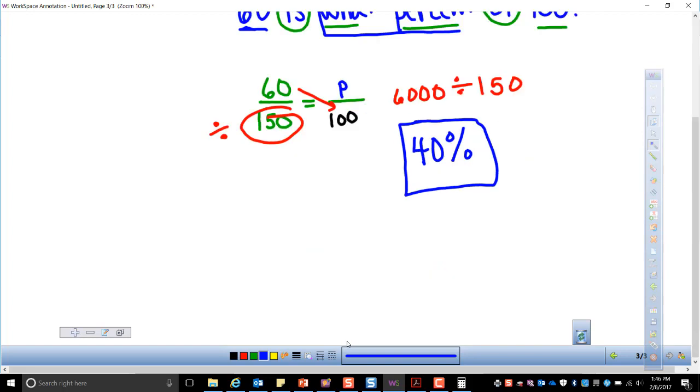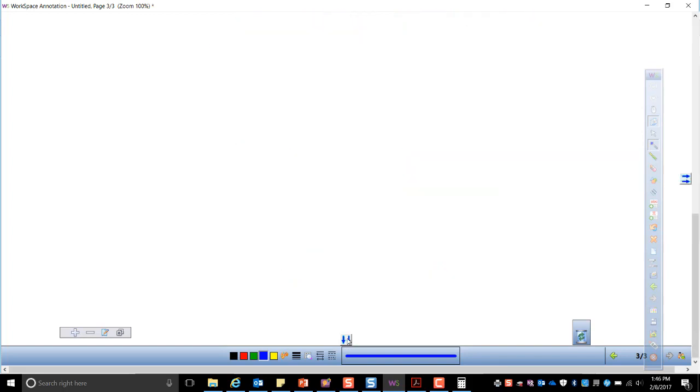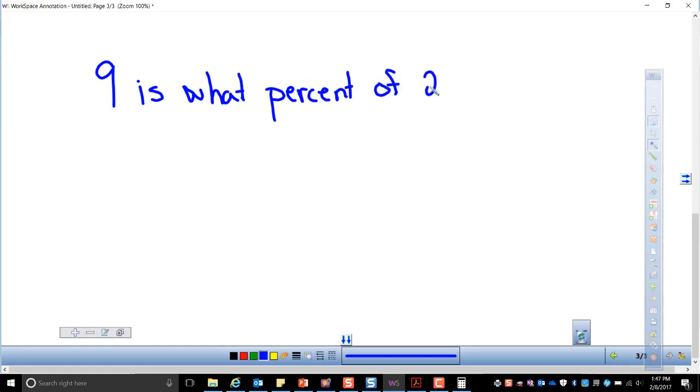Okay, let's try another one. Let's try 9 is what percent of 25? So it's a question. You're looking for an answer. So we have our two fractions. This is called our proportion.